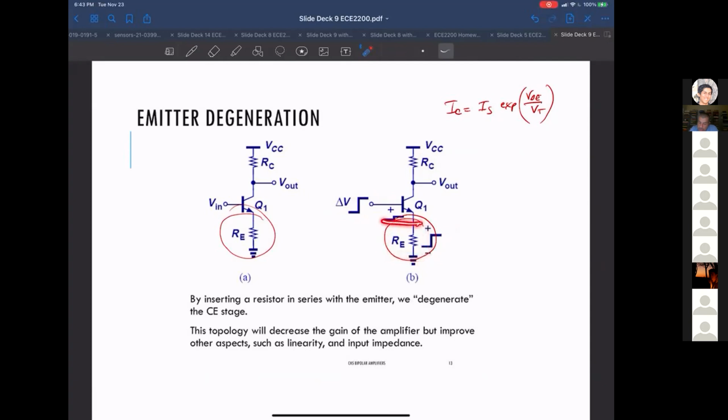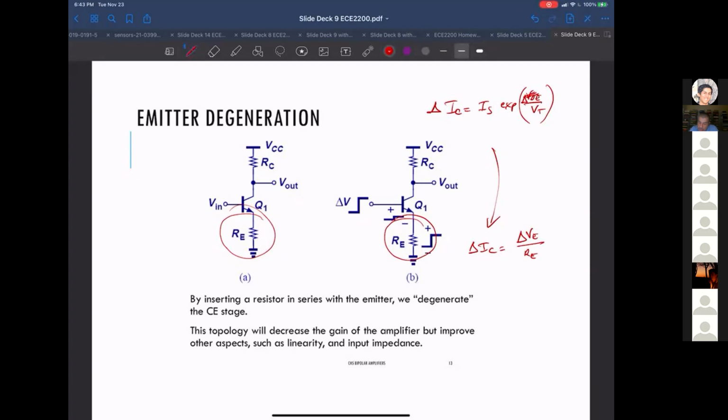So you go from this exponential dependence, delta I_C is exponential in delta V_BE, to the case where delta I_C is delta V_E over R_E.